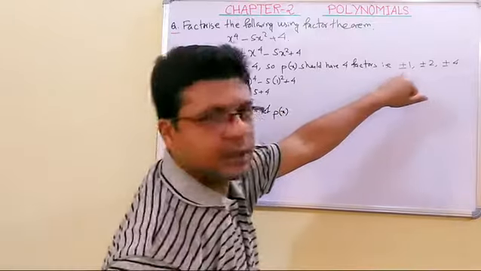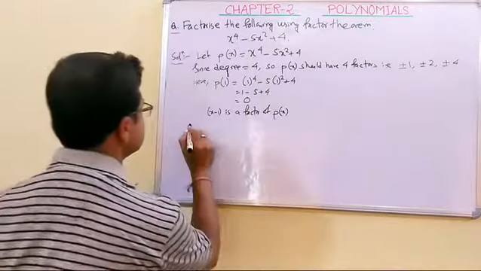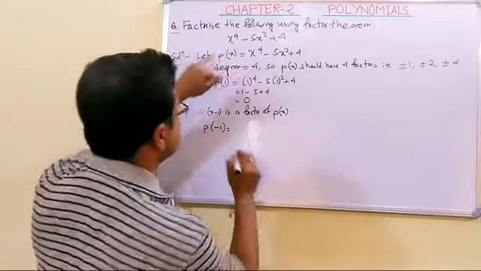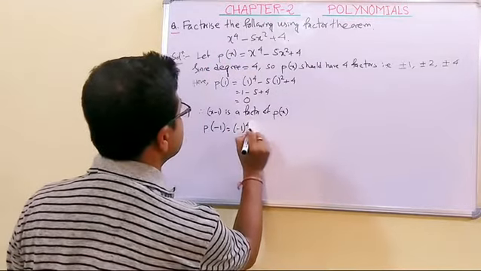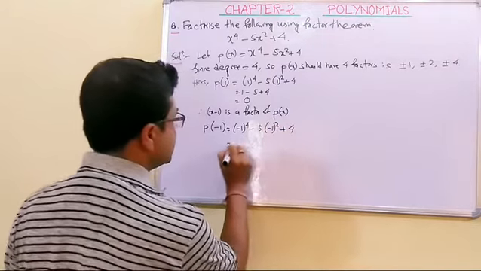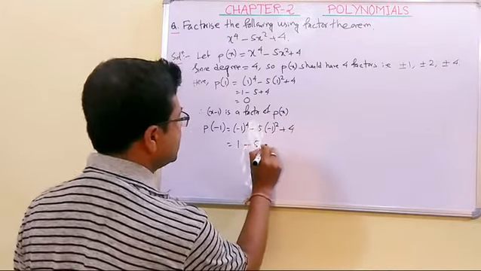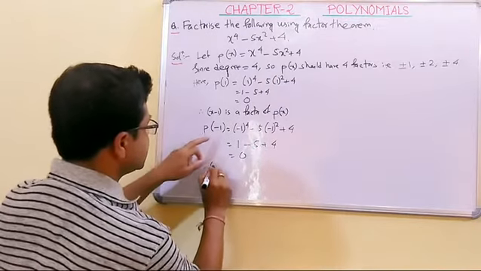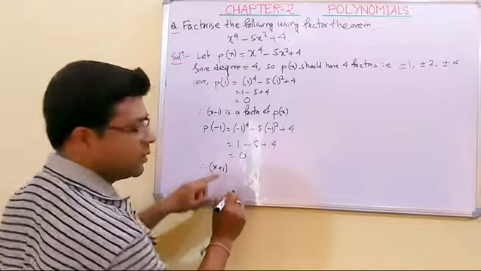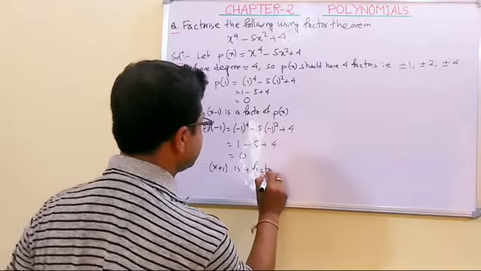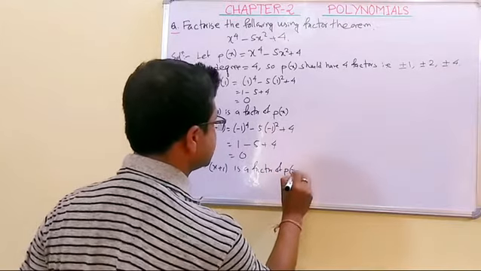Next let us try minus 1. P of minus 1: minus 1 to the power 4 minus 5 into minus 1 square plus 4. This is 1, this is minus 5 plus 4, this is also 0. Conclusion is that x plus 1 is a factor of p(x).